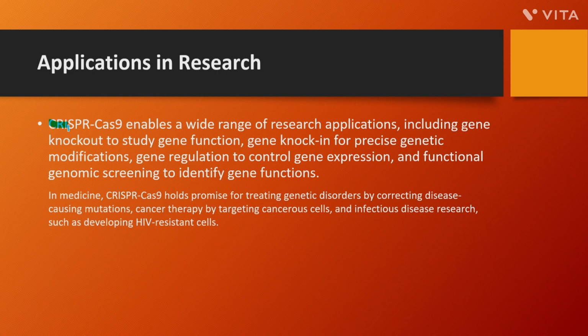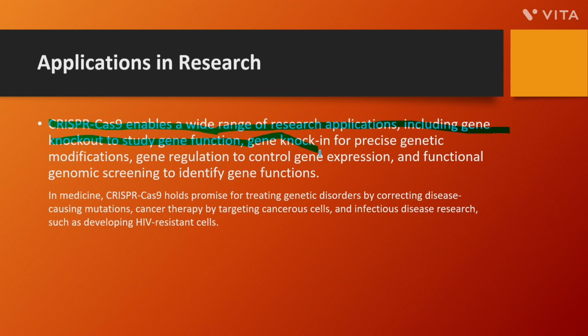CRISPR-Cas9 enables a wide range of research applications, including gene knockout to study gene function, gene knock-in for precise genetic modifications, gene regulation to control gene expression, and functional genomic screening to identify gene functions.